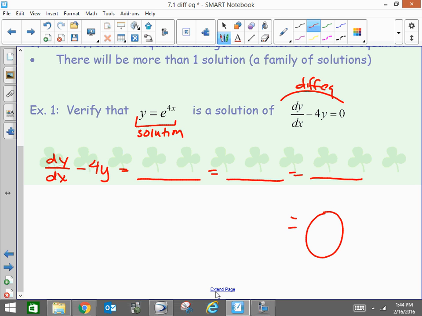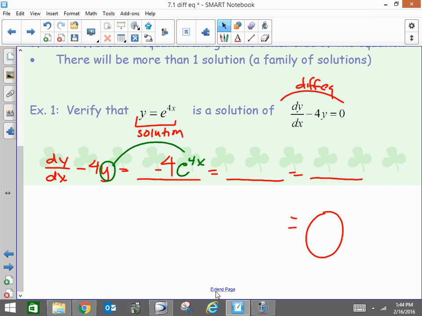All right, so we know that y will get replaced with e to the 4x. So y is going to be e to the 4x. But dy dx, we're going to have to put it in there.